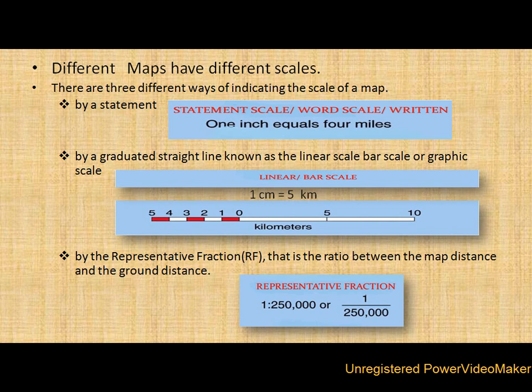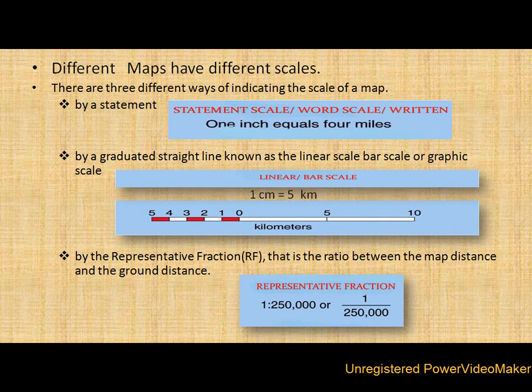First one is by a statement. Clearly we can write that 1 inch is equal to 4 miles. So any measurement of 1 inch on the map means 4 miles on the ground.